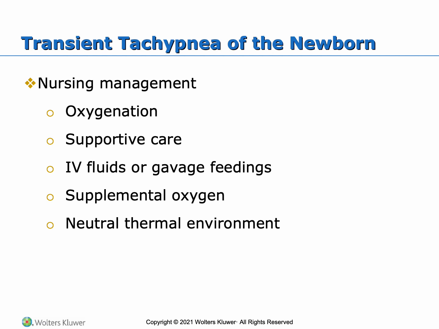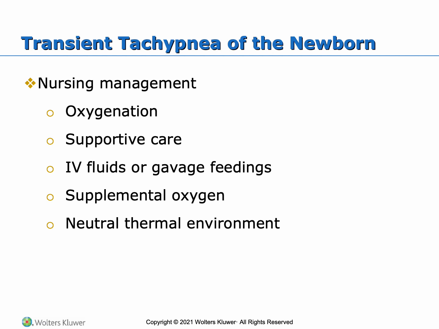Focusing your nursing management on providing adequate oxygenation, clearly, providing supportive care, administering IV fluids or gavage feedings until that respiratory rate decreases enough to allow safe oral feedings, because they are at risk for aspiration, providing supplemental oxygen, maintaining a neutral thermal environment, minimizing stimulation, and minimizing oxygen demand.